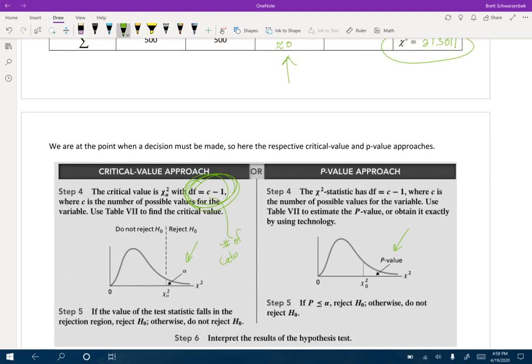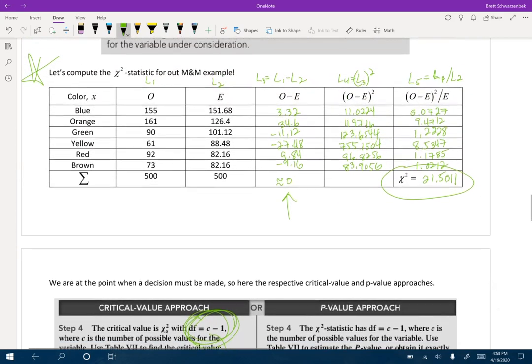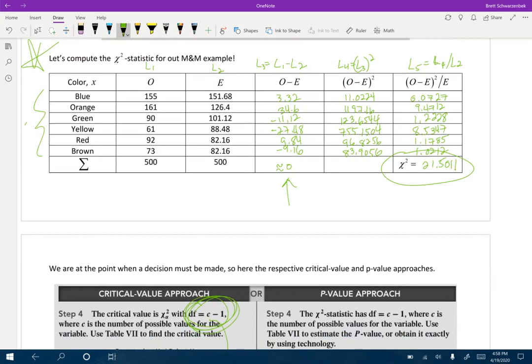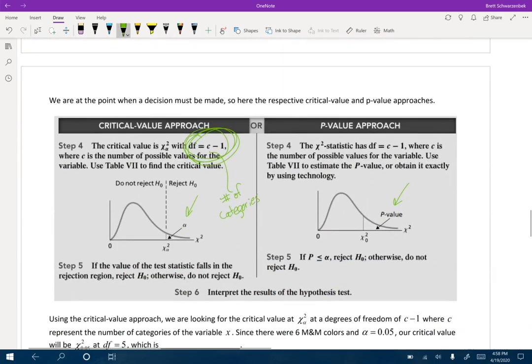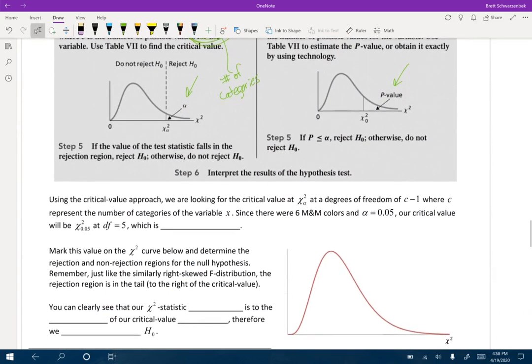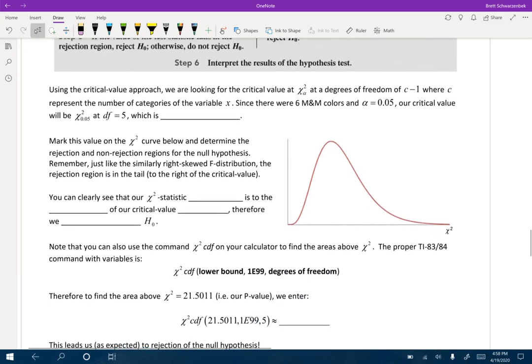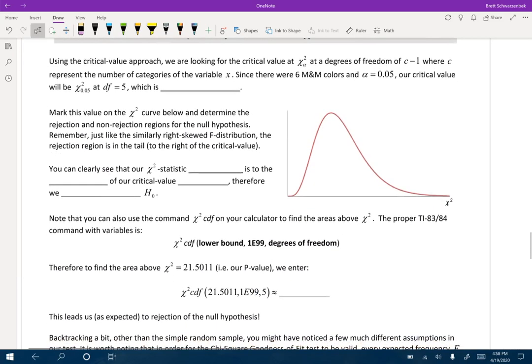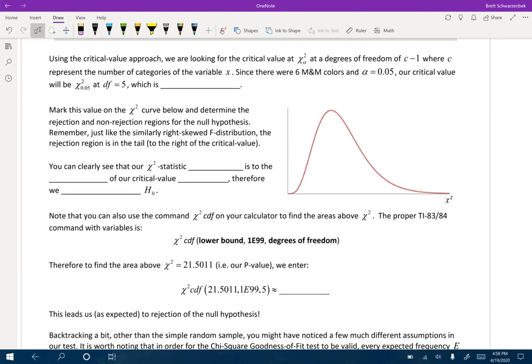So what are the categories in our problem? They are color. So we have 6 categories, so the degrees of freedom in this problem is going to be 5. Down here, we're basically going to be doing the critical value approach to making this test, and then I'll also do the p-value so you know how to do both.